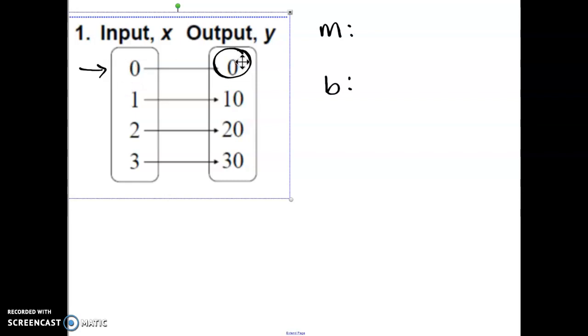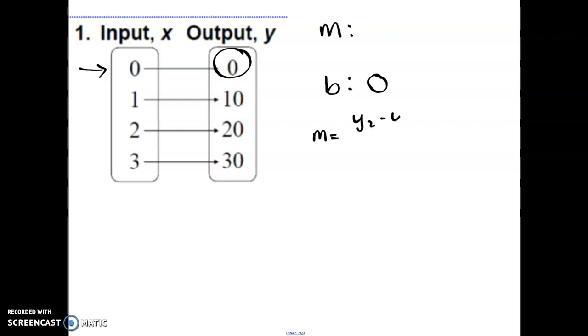So x equals 0, y equals 0. So again, my y-intercept is 0 in this case. But the slope is a little trickier to figure out. So I don't have a picture where I can count rise over run, but I can remember my rate of change or slope formula as y2 minus y1 divided by x2 minus x1.